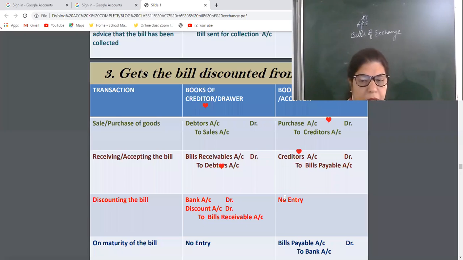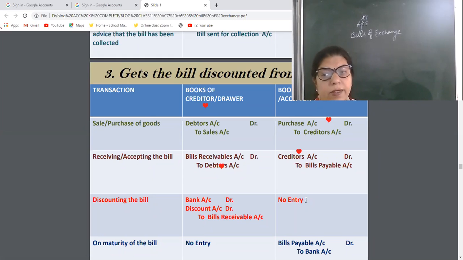Now discounting the bill. Just now I told you Roy will not pass any general entry for discounting the bill because he doesn't know what the drawer is doing with his bill: keeping it with him, sending it to the bank or discounting it. Now see, bank account debit, discount charges account debit to bills receivable. Bank will charge some discount charges. What will be the formula? Simple.